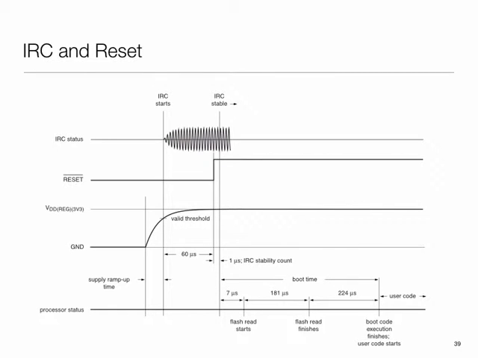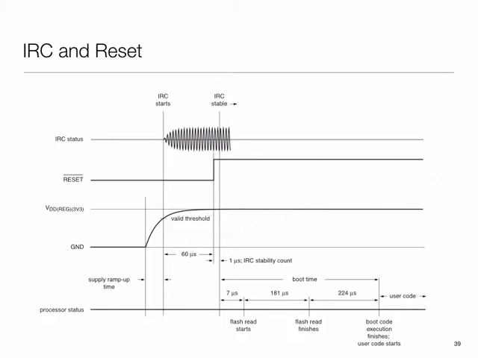What happens after a reset is the following. When you apply power, the internal RC oscillator takes a little bit of time to stabilize, but after a short while it becomes stable.